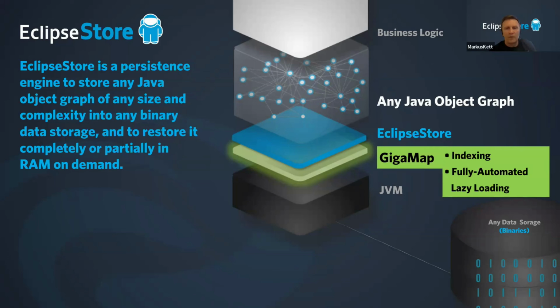So do we have to load our whole object graph into memory, our whole database, to work with EclipseStore? No. We introduced lazy loading. You can load just some megabytes into memory, even if you have gigabytes of data in your storage. So this is also solved.